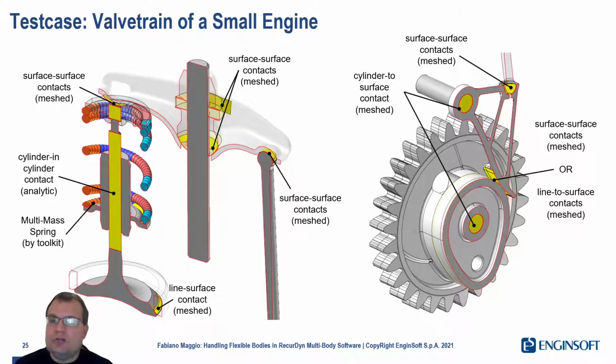In this model, for sure, we need to use flexible bodies because the dynamics is happening at very high frequency. So all the frequencies are comparable to the structural frequencies of the bodies. And so we need to make all of them flexible.